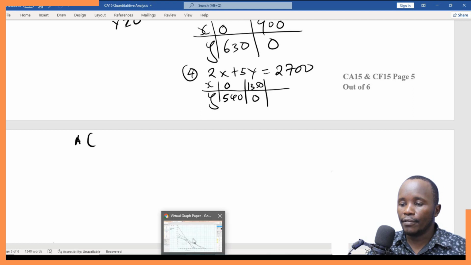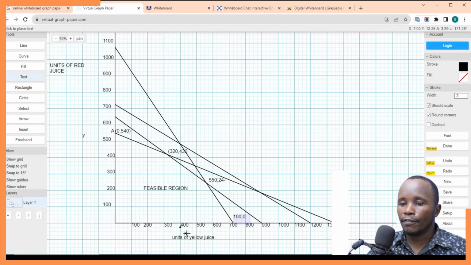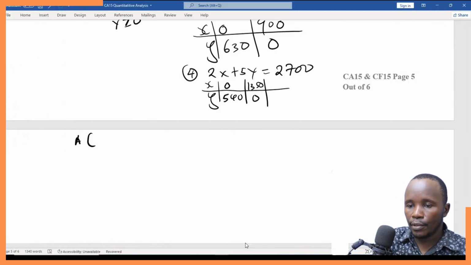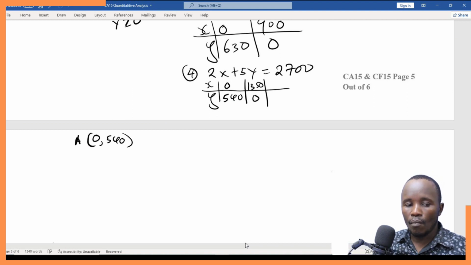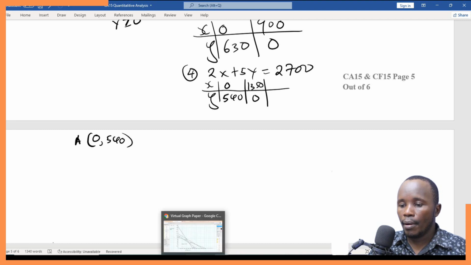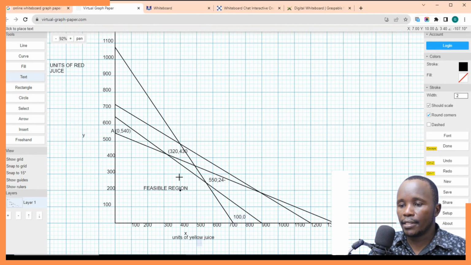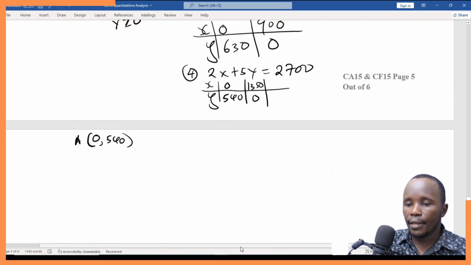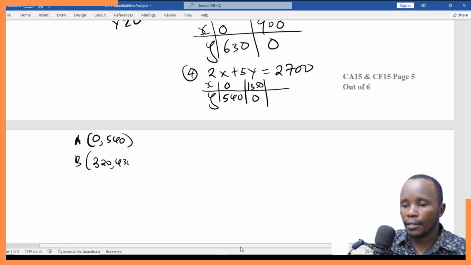Go back to your graph. A has 0, 540. B has 320 for that.